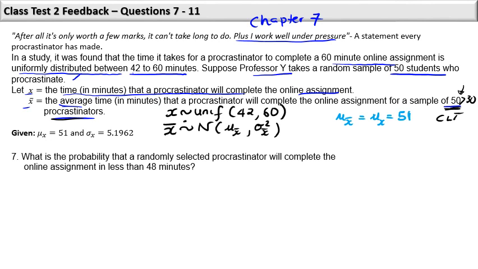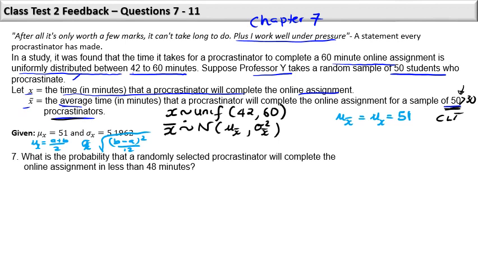You can easily calculate this using the formula for the mean of a uniform distribution: a plus b over 2. Then to get the variance you go (b minus a) all squared over 12, and you take the square root to get the standard deviation of X.